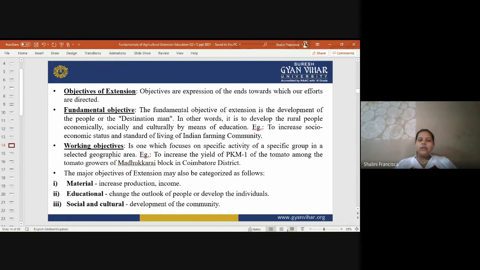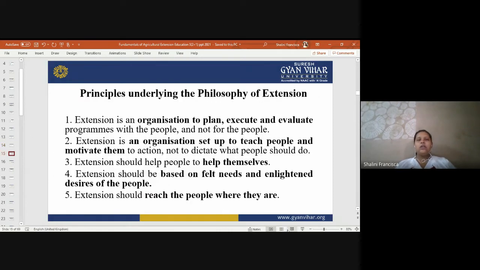Giving the knowledge and demonstrating that to the people will increase individual knowledge, and that will increase community knowledge. Then social and cultural means if through all these things economic development is there, then automatically each and every family of the society will progress and their culture will be enhanced.